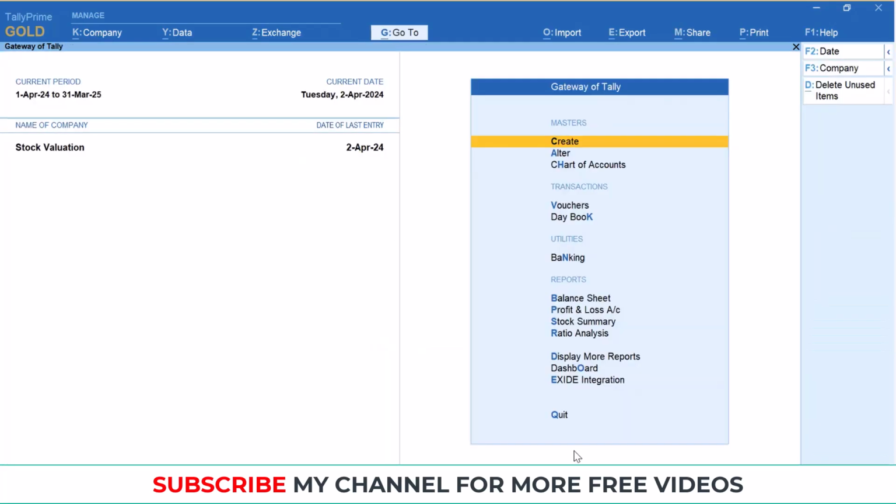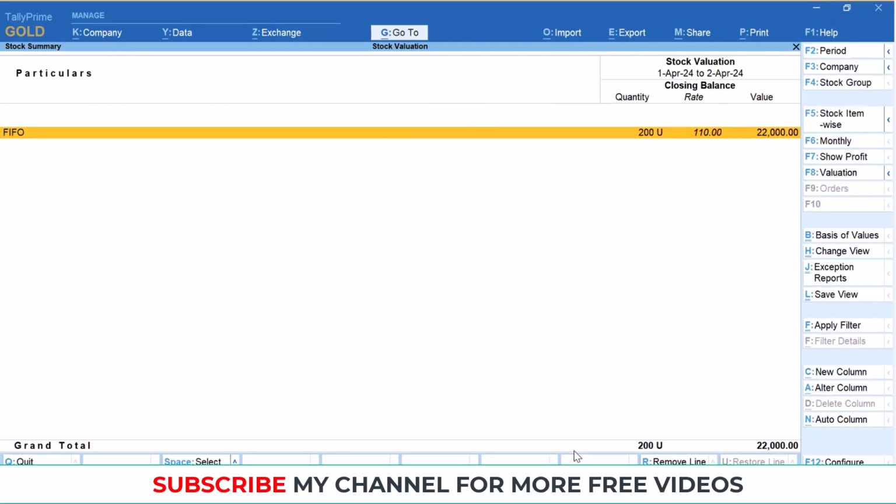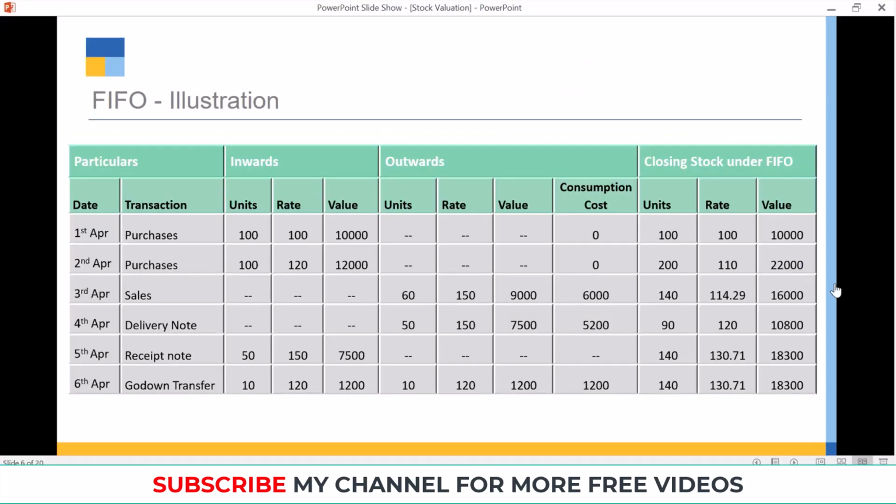Fine. So now when we go and see the stock summary value for FIFO, we are getting 22,000 as a stock valuation. The same closing balance we are getting here as well.